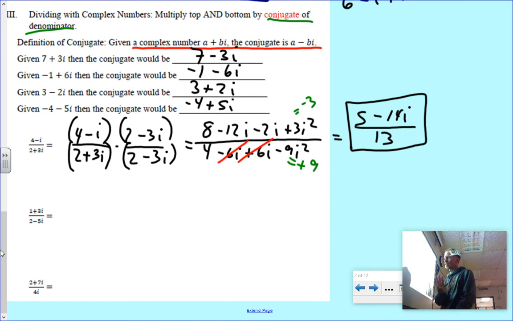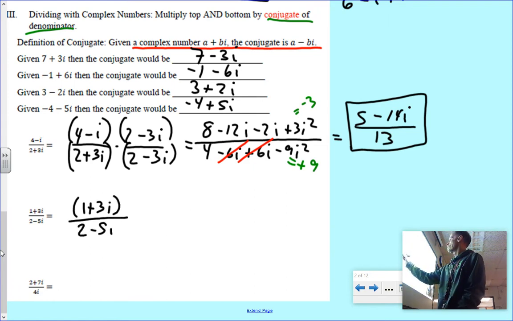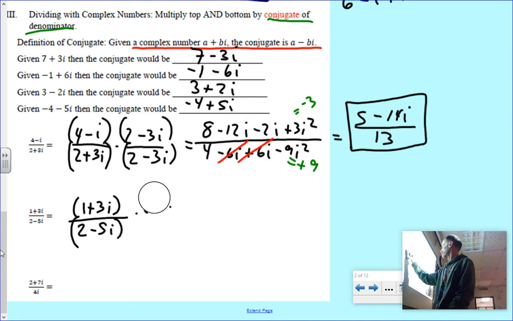So again, let's pause the video one more time. Let's see if you can do that same thing on the next example, and then we will wrap it up. So here's the problem. Again, we're going to multiply by the conjugate of the bottom. So 2 plus 5i over 2 plus 5i.